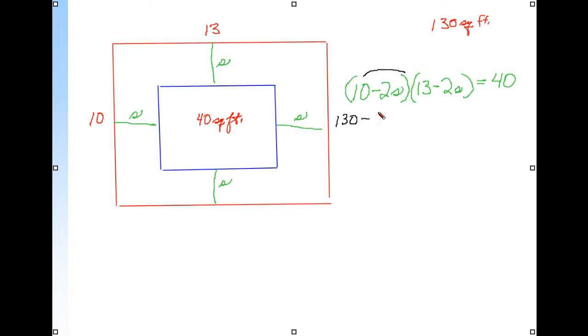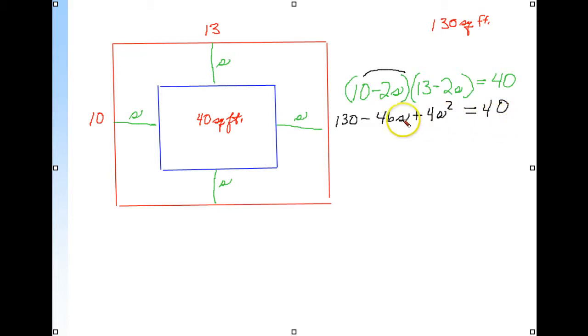So this gives me a negative 46S for my middle term, outers and inners. Then I'm going to do my last, and I get a positive 4S squared. That equals 40. I now have a trinomial that is quadratic, that is to the second power, equals 40.